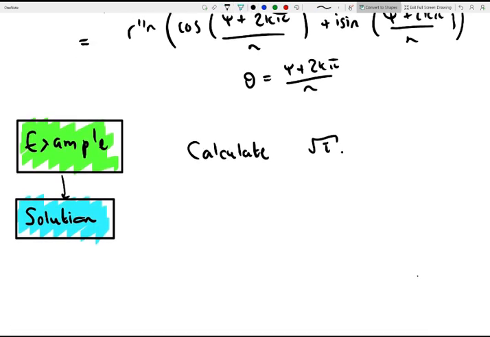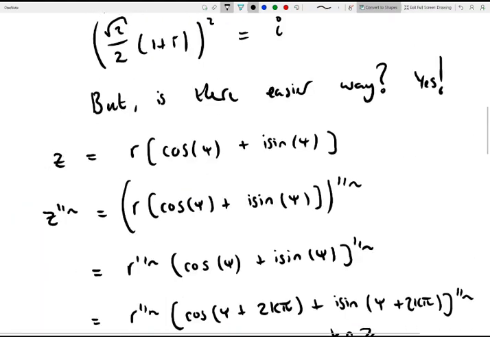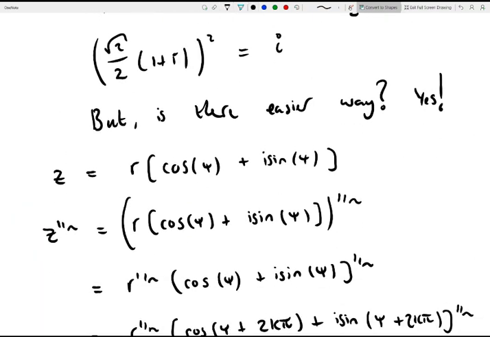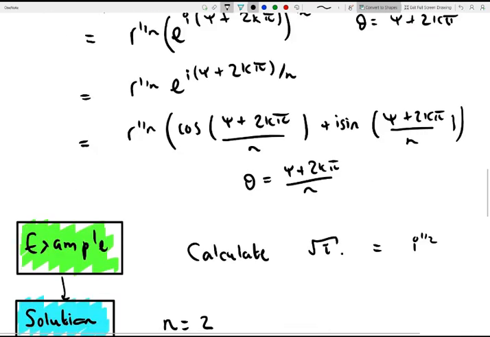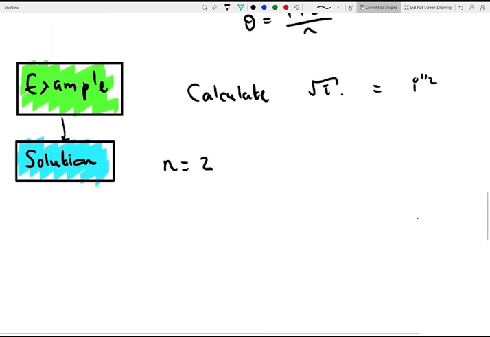What do we know about this example? Well, n is going to be 2, because this is the same as i to the power of a half. If the formula reads z to the 1 over n, then this can be written as i to the power of a half. So n is 2.